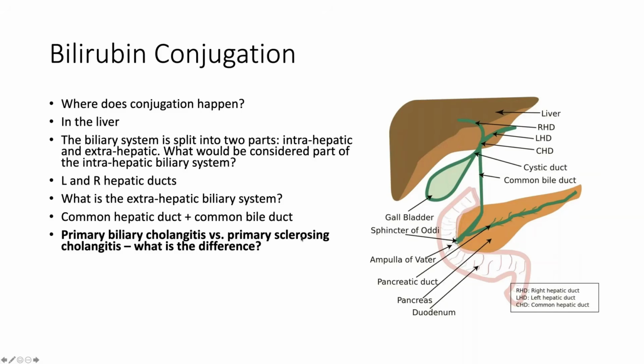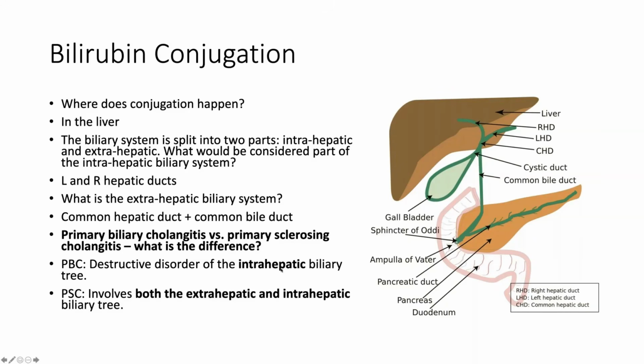I believe primary biliary cholangitis is autoimmune in middle-aged women, and it's intrahepatic, like duct fibrosis, compared to primary sclerosing cholangitis, which would be extrahepatic fibrosis. Almost, very close. That was exactly right, except that PSC is actually both extra and intrahepatic. Cool. So PBC is intrahepatic only, and PSC is basically both. But yeah, that was good.